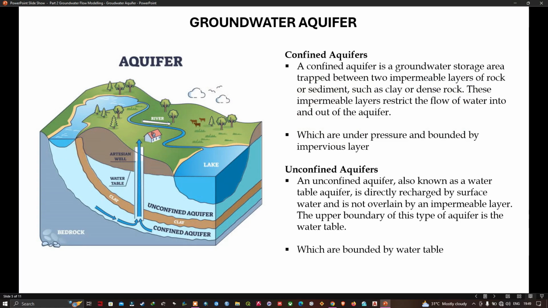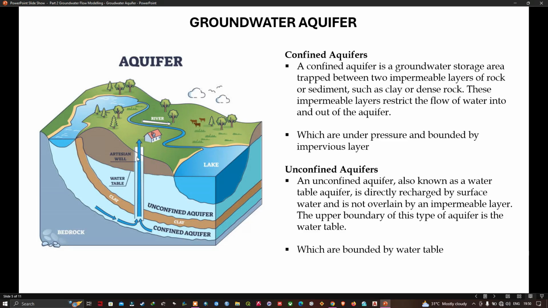So the groundwater aquifers can be majorly classified into confined aquifers and unconfined aquifers. A confined aquifer is a groundwater storage area trapped between two impermeable layers of rocks or sediments such as clay or a dense rock. This impermeable layer restricts the flow of water into and out of an aquifer.